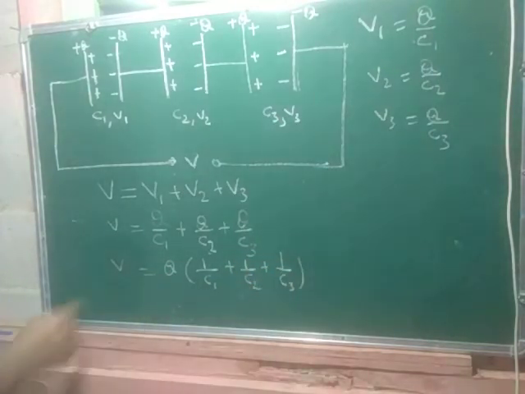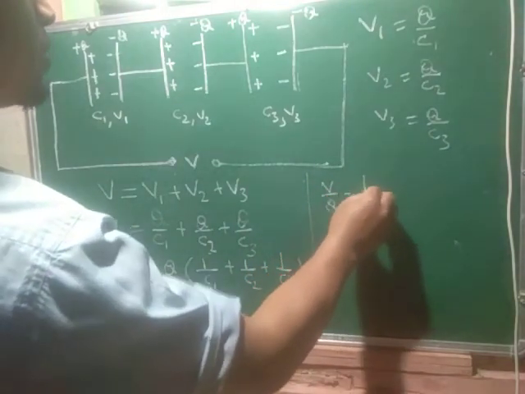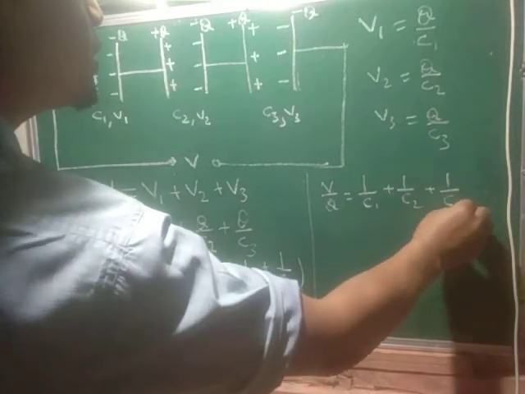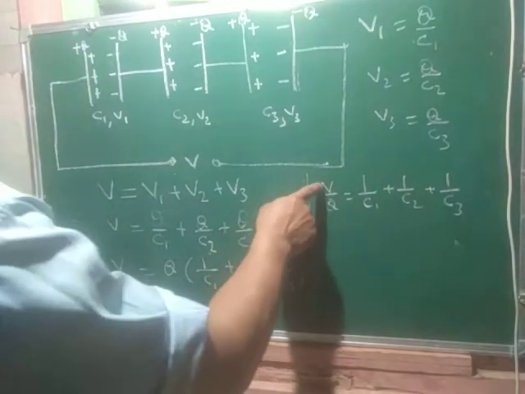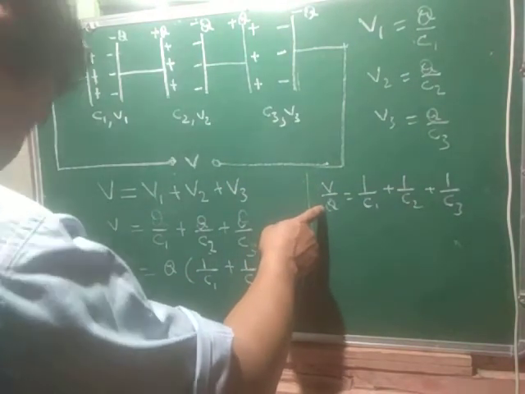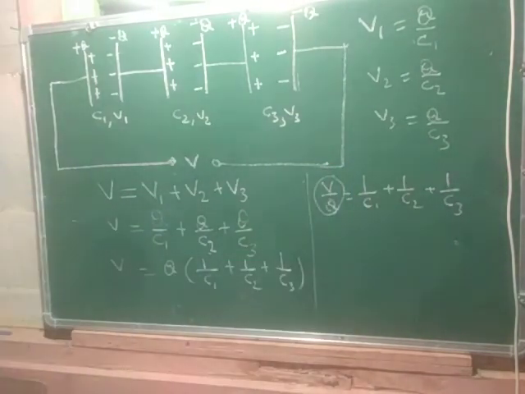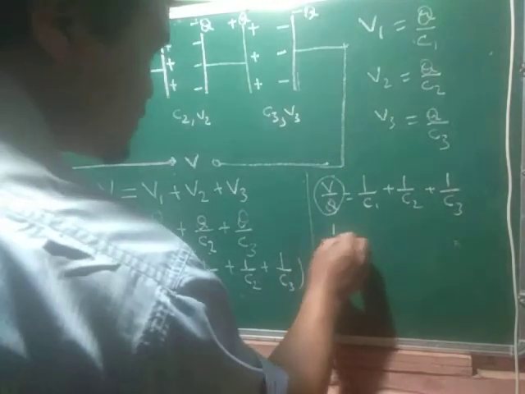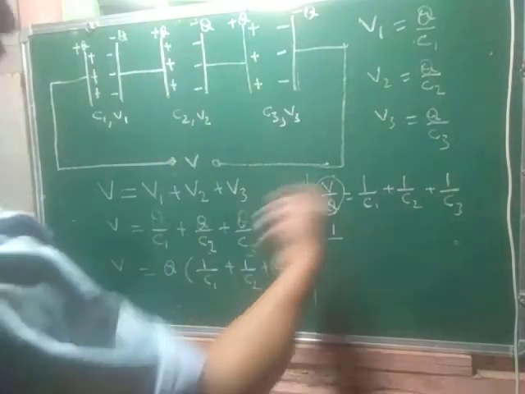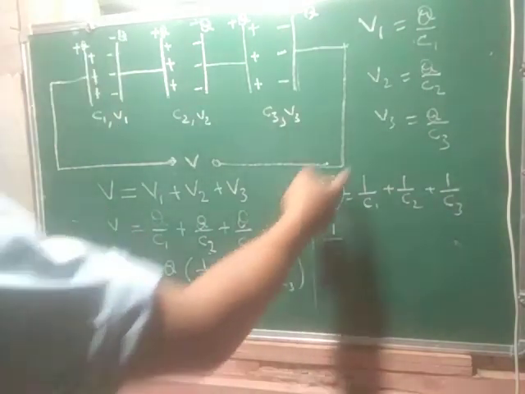Taking Q this side, you get V by Q equals 1 upon C1 plus 1 upon C2 plus 1 upon C3. Look carefully here: V is the applied potential, and Q is the charge given by the source. So this should be the reciprocal of the equivalent capacitance. When you combine the three capacitors, let the equivalent capacitance be CS.